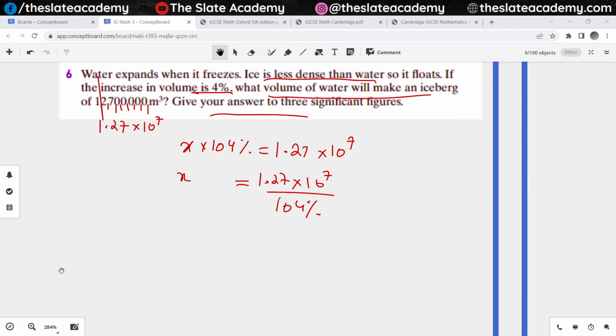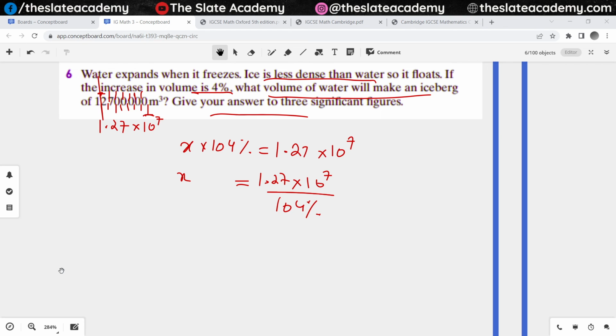I'm moving the decimal 7 places. So initially it was here. How many places did I move? 1, 2, 3, 4, 5, 6, 7. Understood?